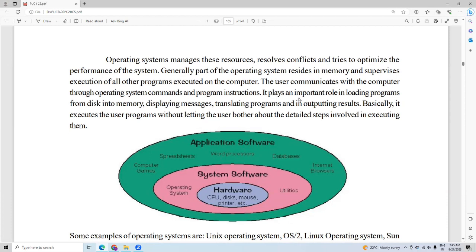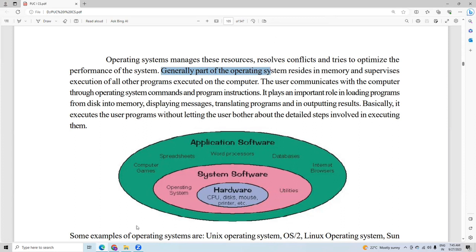Like that, the operating system in a computer. The operating system will make the coordination between all the resources, that is all the parts of the computer, and it will make the computer work properly, right? So that you can do your operation, right? So now here, the OS manages these resources, resolves conflicts, and tries to optimize the performance of the system.